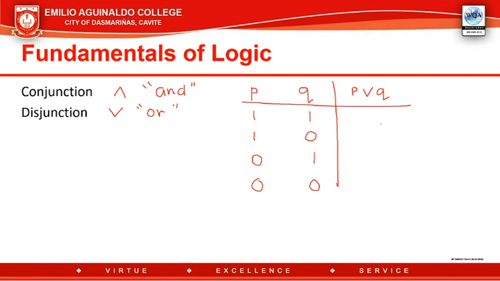We can only attain the value of false if both of the statements are false. So here we will obtain 1, 1, 1 because there is a presence of truth in these statements, but if there is no presence of truth, we will have a value of 0. This will be our truth table for disjunction.